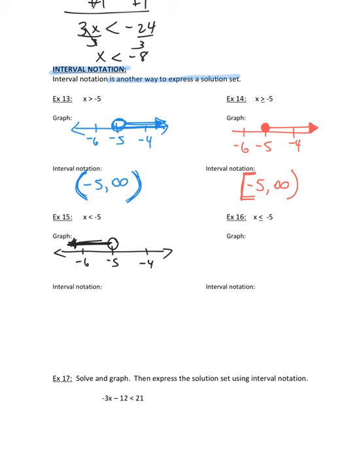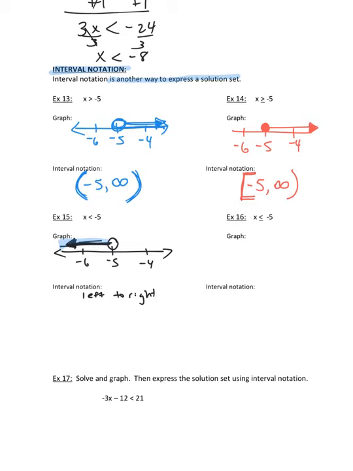In interval notation, any number could be from, and we like to go from left to right on interval notation, from the smallest number ever all the way up to negative 5. So on the number line, my eye is traveling from the smallest number ever all the way up to negative 5, but not including negative 5.